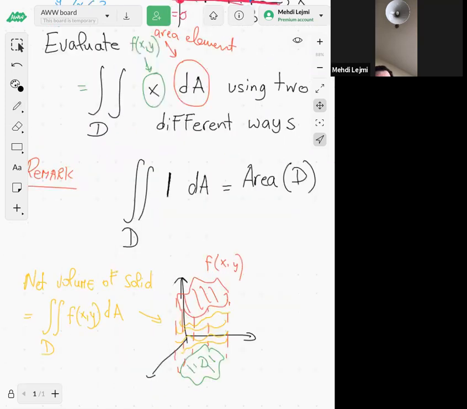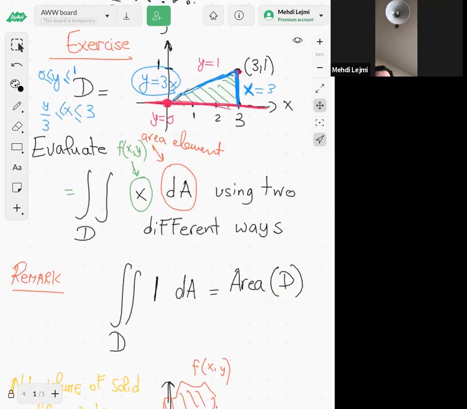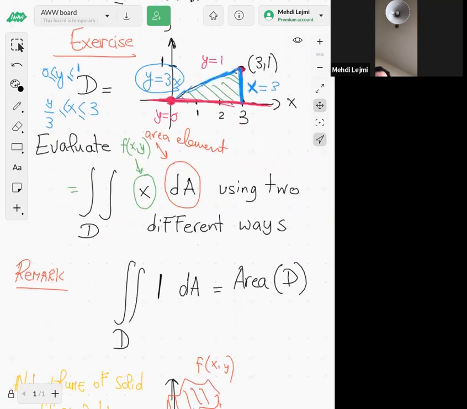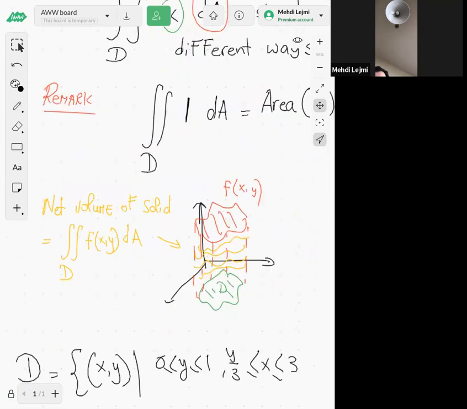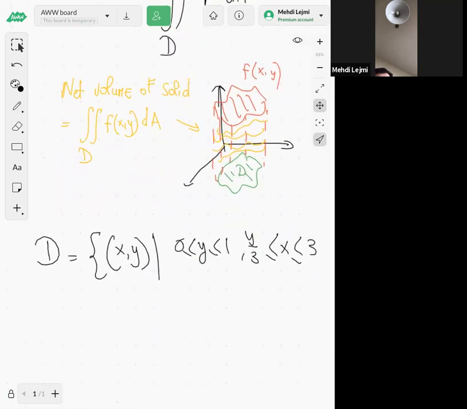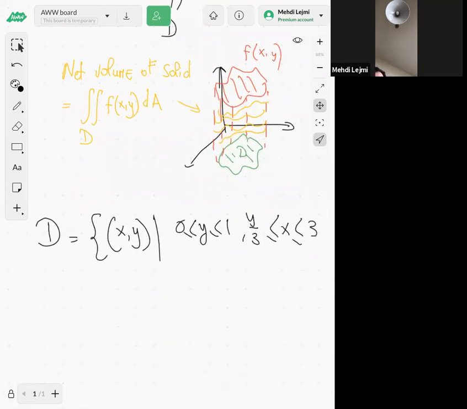All you have to do is the double integral of x dA.